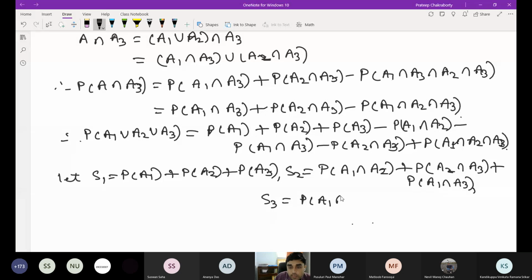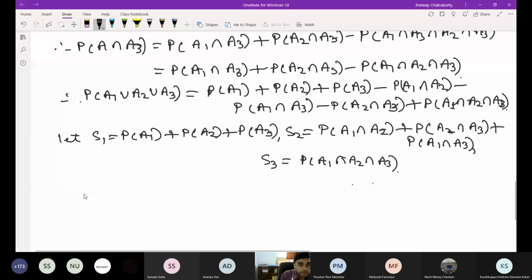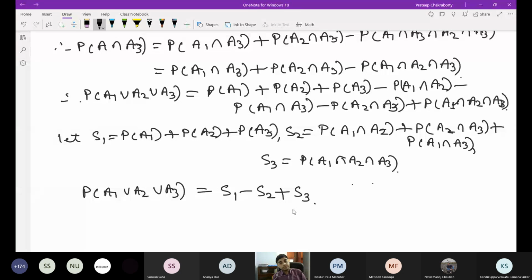P(A1 intersection A2 intersection A3). So P of A1 union A2 union A3 we write as, you can see, S1 minus S2 plus S3. Is this okay?